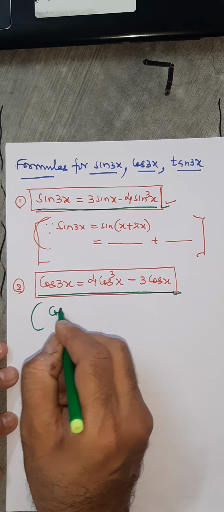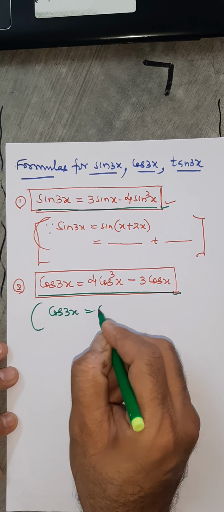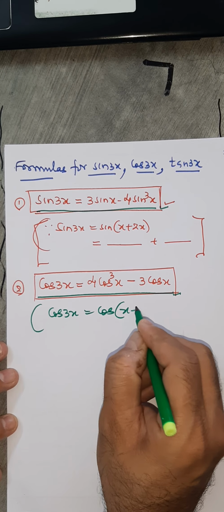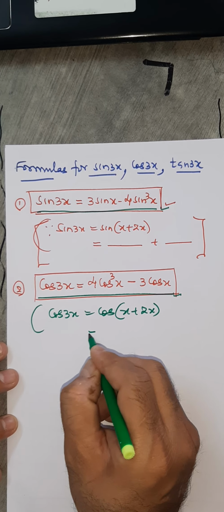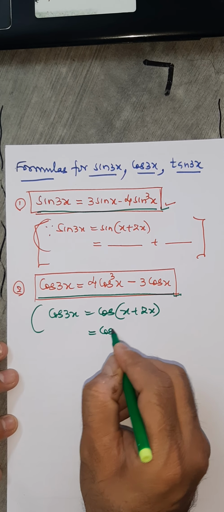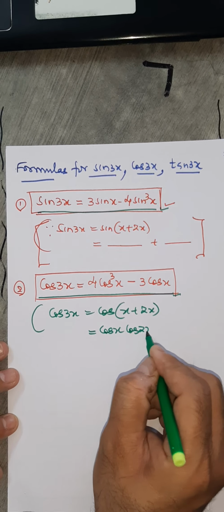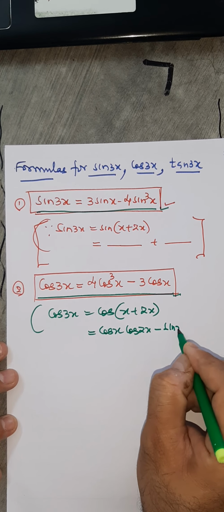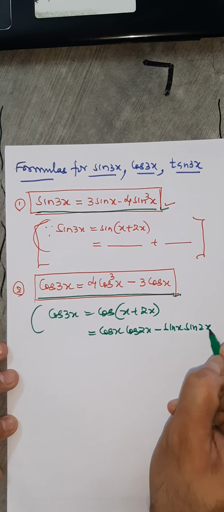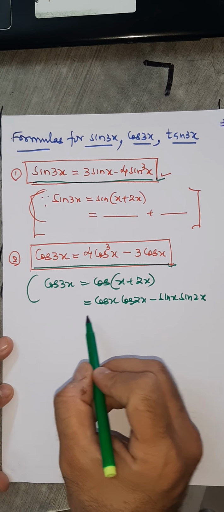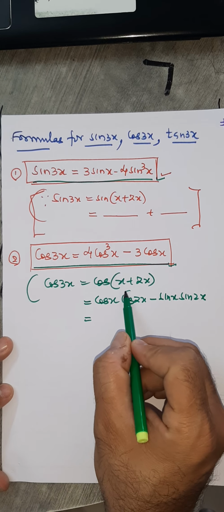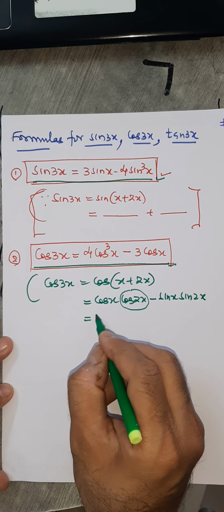How will you prove it? You can start with cos 3x equals cosine of x plus 2x. Now use the addition formula. You can write cos x into cos 2x minus sin x into sin 2x. Now which function do you want everything in terms of? Cos function. So write the formula for cos 2x.